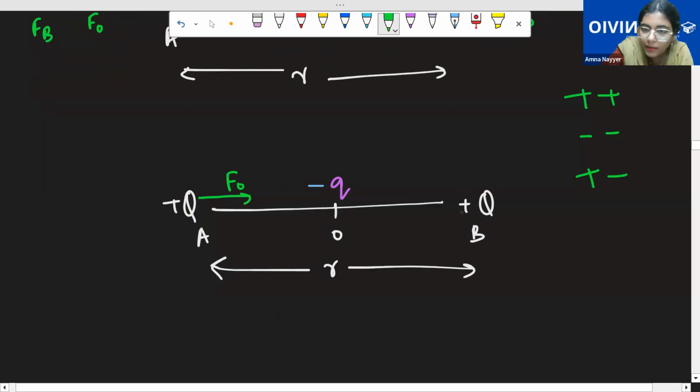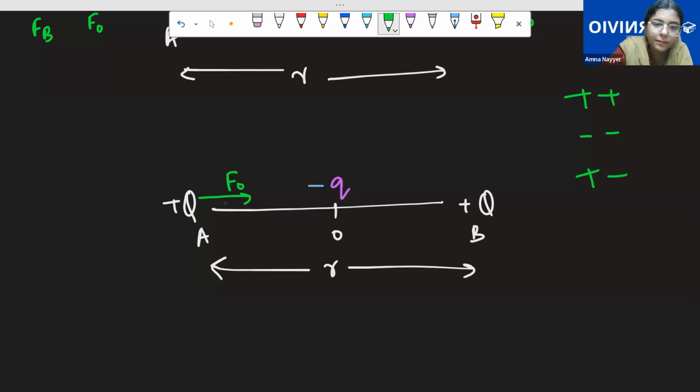And what about this charge, Anisa? Will it be pulling it or pushing it? Plus also will be pulling it. Towards B or away from B? Towards A. You want to say this is the force FB like this?